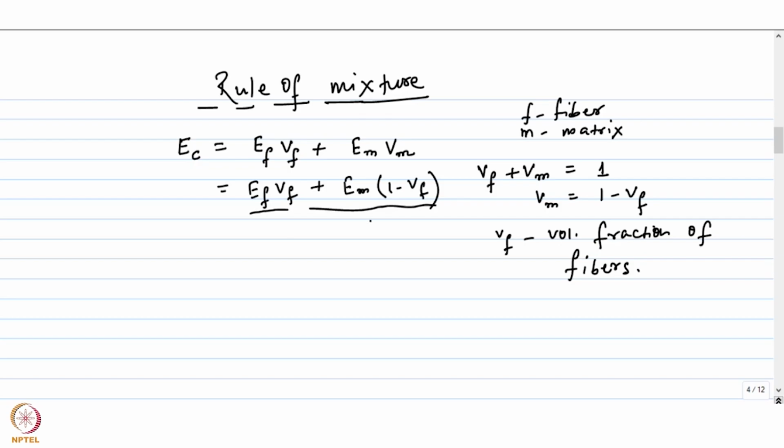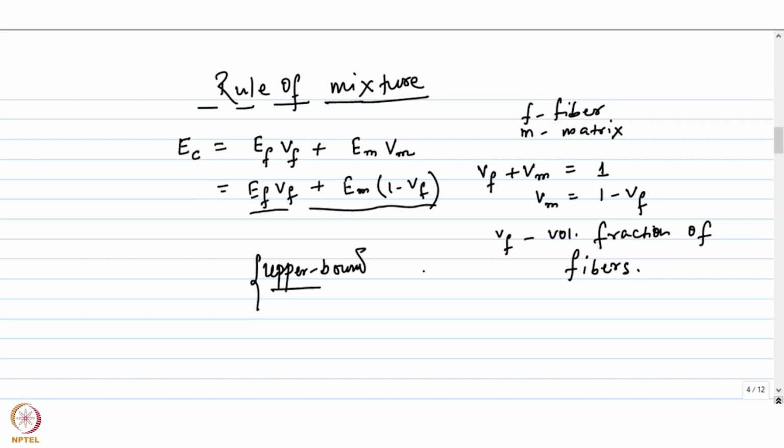Okay. But one thing I should mention is that the rule of mixture will always give you the upper bound. And generally, the experimental values will be lower than the value obtained by rule of mixture.